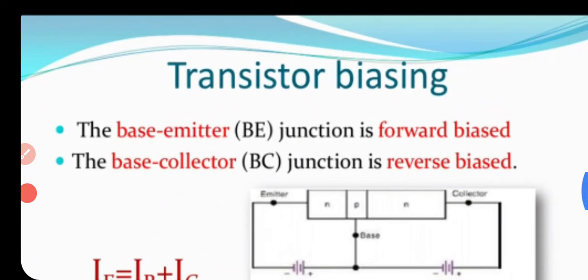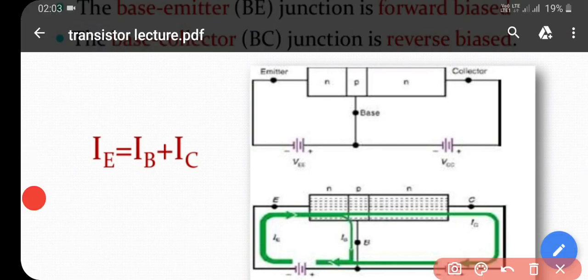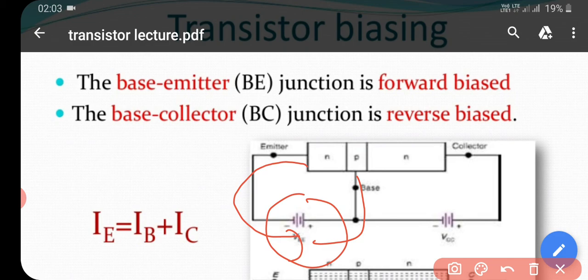Transistor biasing: the base emitter and base collector junction. The base emitter junction is always forward bias and base collector junction is always reverse bias. Base emitter junction is forward bias, so we connect N with the negative terminal of battery and P with the positive terminal.